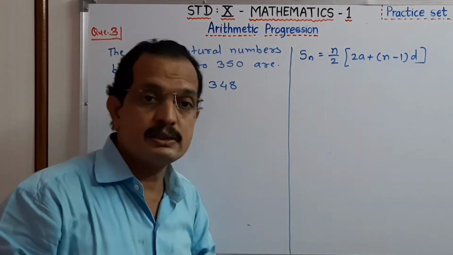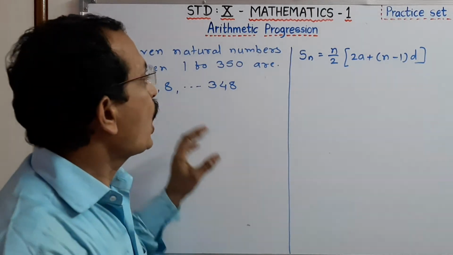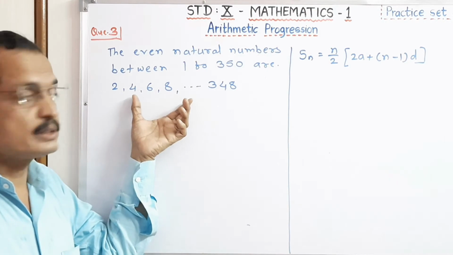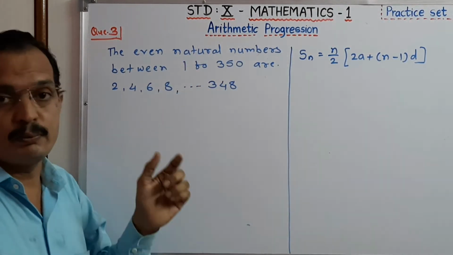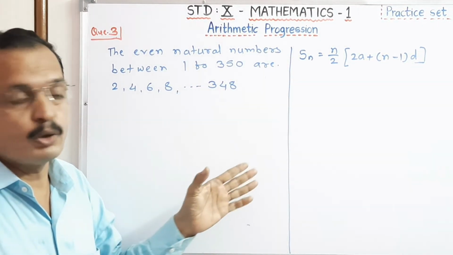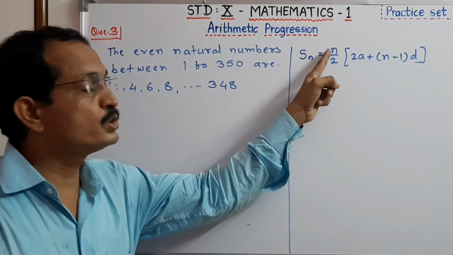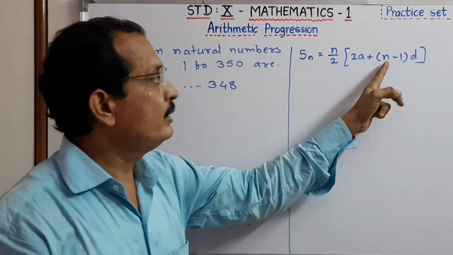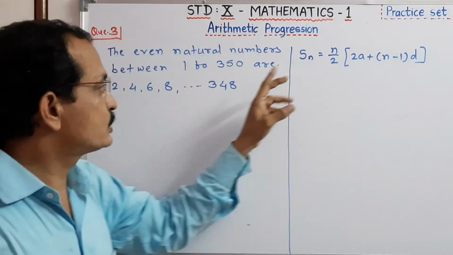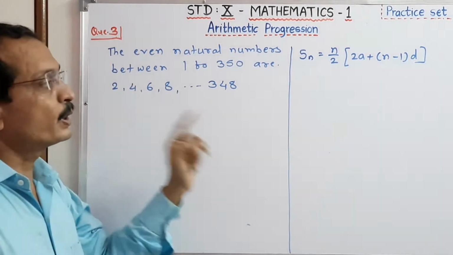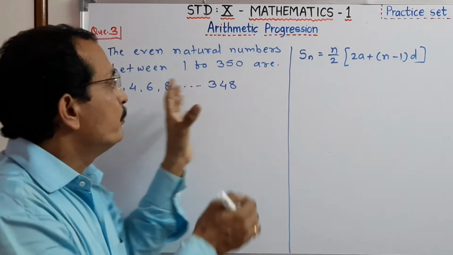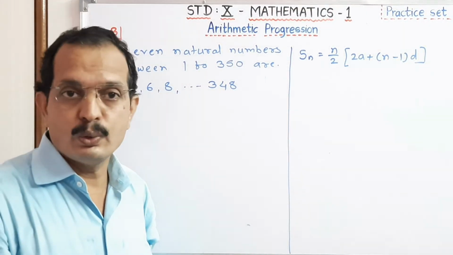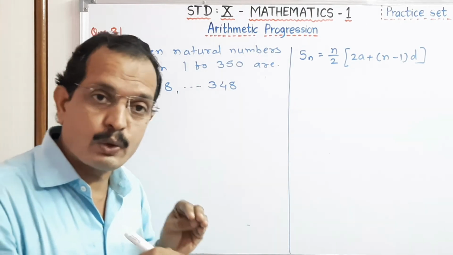For finding this sum, we must know how many even numbers there are between 1 to 350. Without knowing that number, we can't substitute the value of n. We know a is the first term, that is 2, and d is also 2. But n we don't know, so first of all we have to find that out.